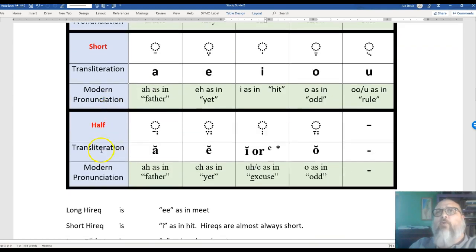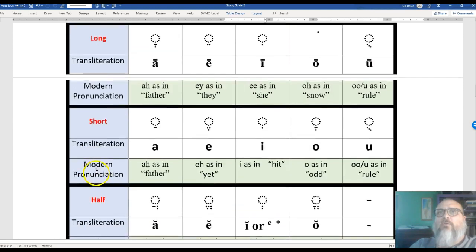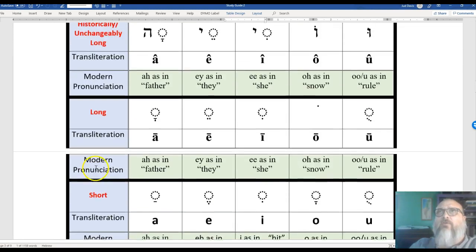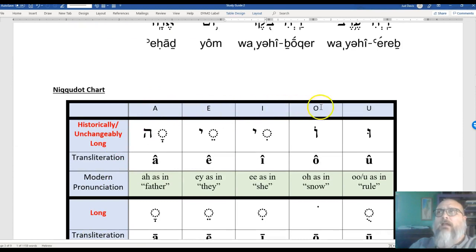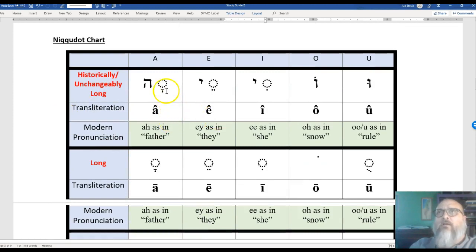But you have 4 classes of vowels: historically long, long, short, and half vowels. And they're A, E, I, O, U vowels in Hebrew. So the long A class vowel is, and all the historically long are compound vowels. So Kametze is Ah as in father.